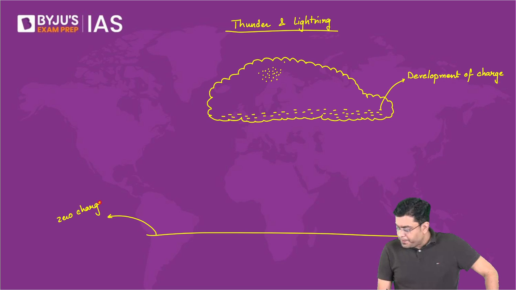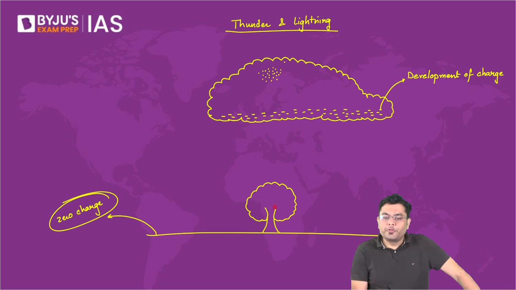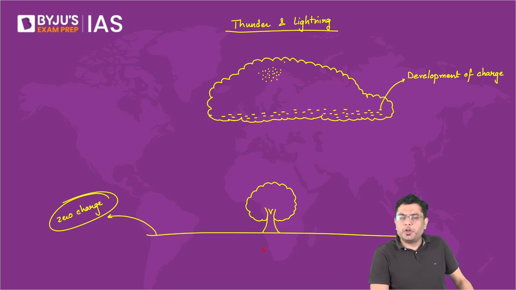Now here, let's suppose you have a large tree or a large building for that matter. Let's suppose you have a significantly larger tree. That tree will also be a kind of a projection of the charge of the ground itself, because that tree will also end up indicating zero charge.